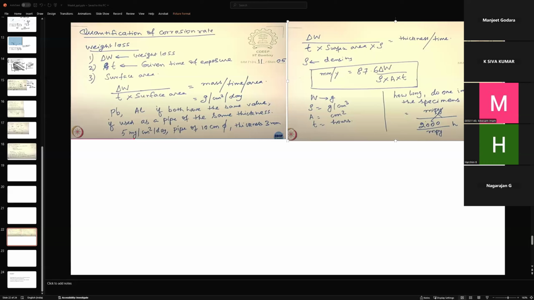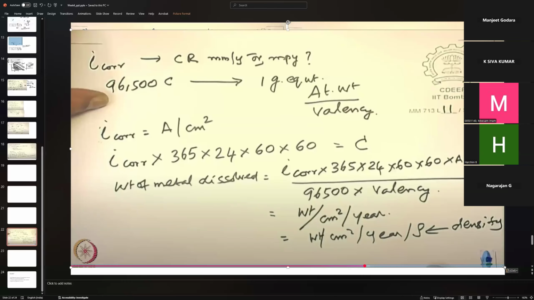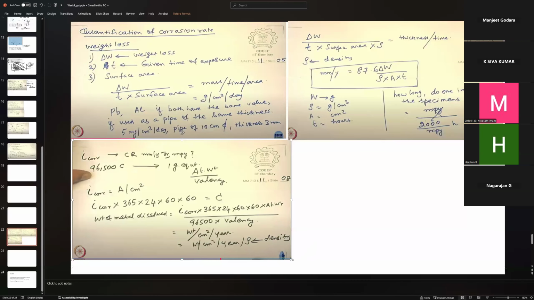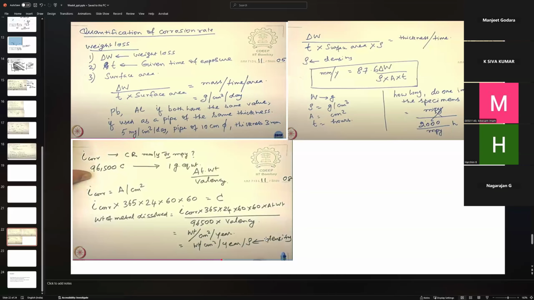And to get the I-core, you can use the DC equation. So if the metal dissolution is given in MPY or millimeter per year, you can use this equation to get the value of I-core.